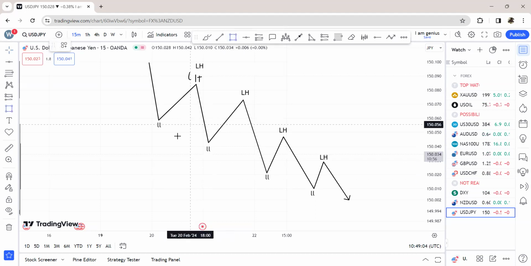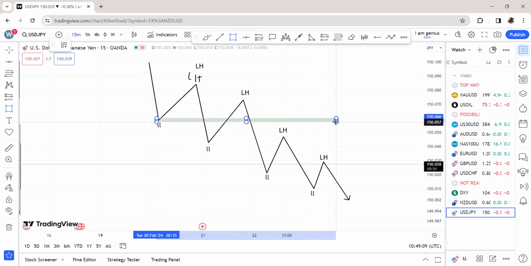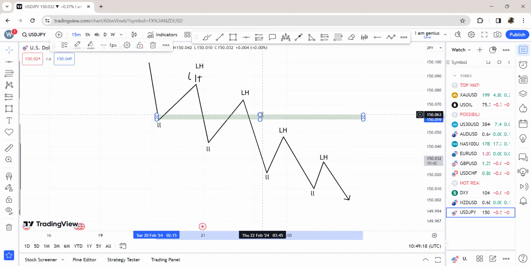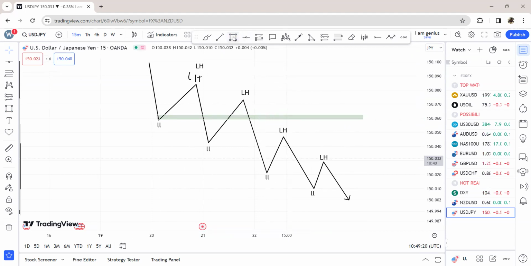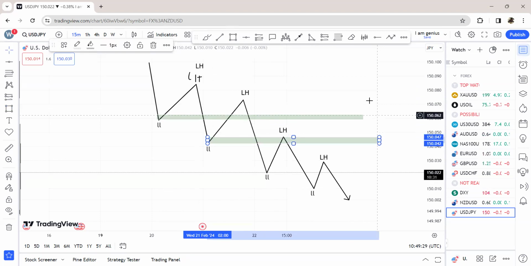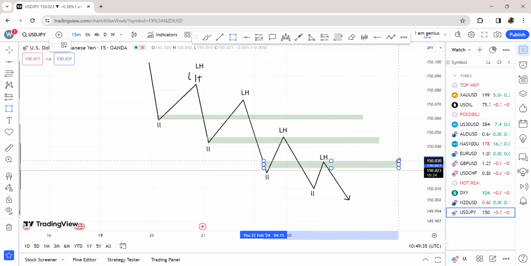So this one is an area, not just a line, and this other one is also an area, not just a specific line.